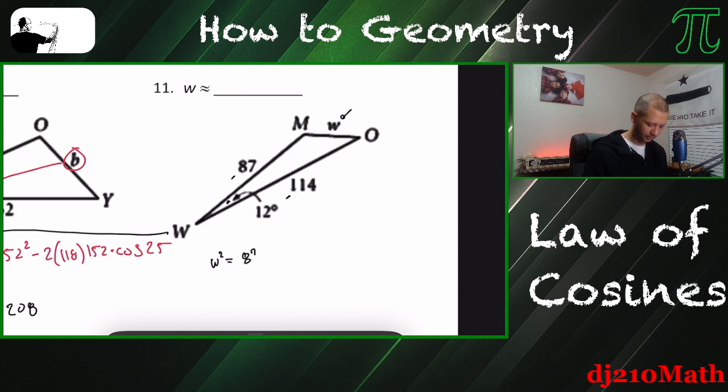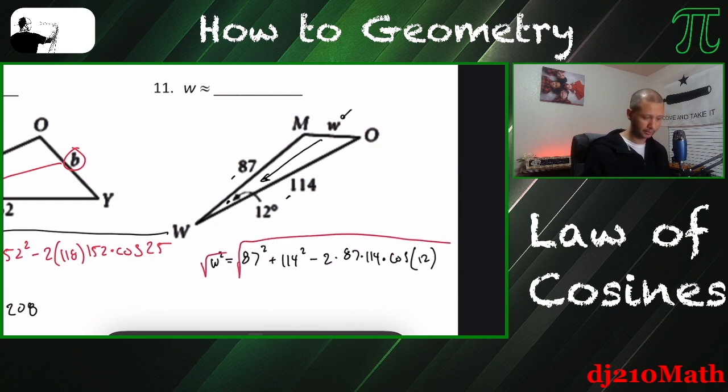So 87 squared plus 114 squared minus 2 times a, which is 87, times 114 times cosine of the angle that we know, the one that's across from w. It's going to be 12. Solving for w, I take a square root of both sides and then to the calculator. We get 34.094.